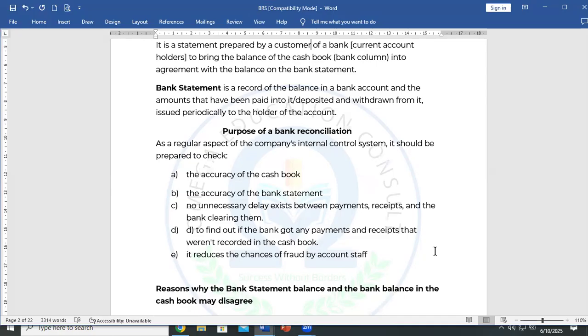Okay, but that tells you that there are possible factors that can cause the two balances to disagree. So I want to find out from you, what are some of the things that you think will happen for your Momo balance to be different from what you have in your records? I need reactions from my professors.